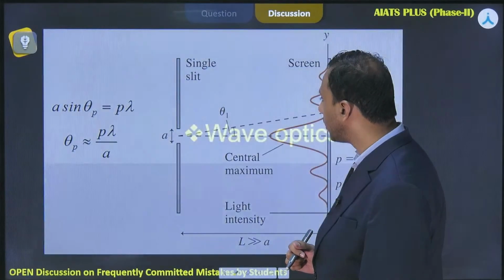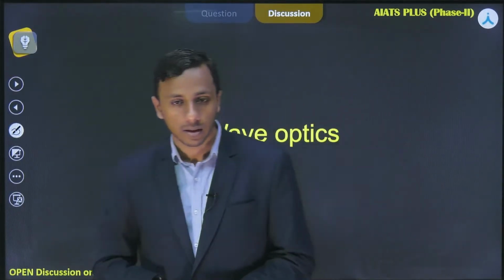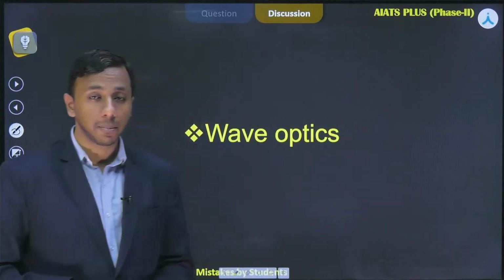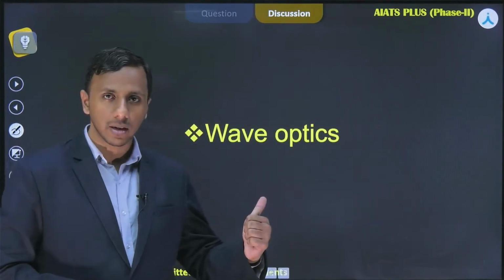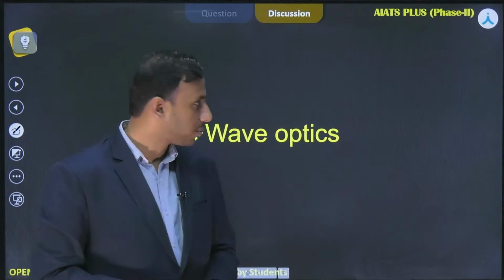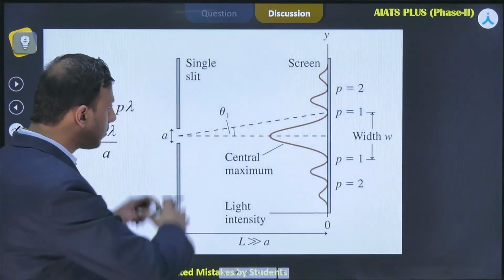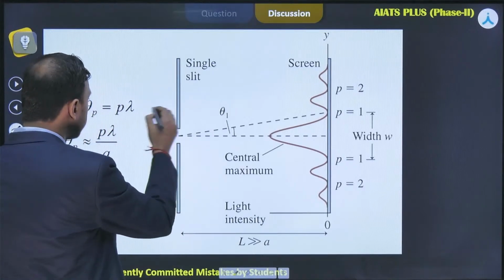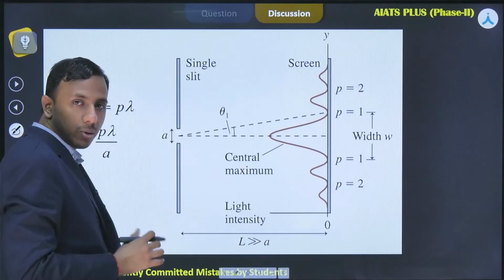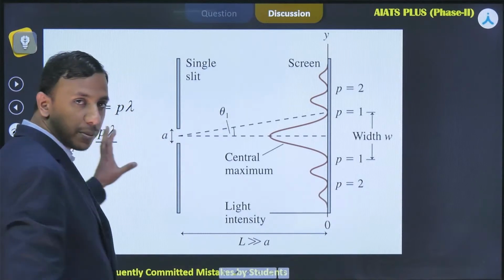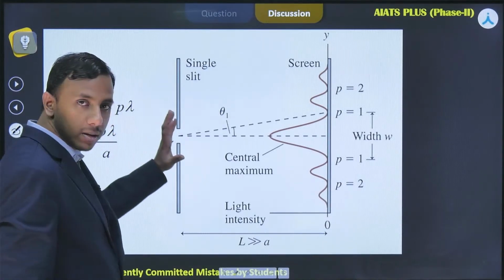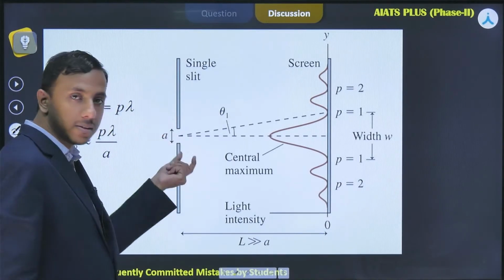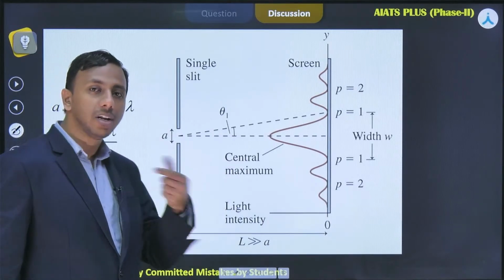Very well. Wave optics. Wave optics is a very interesting chapter, and I think this topic was also covered a little bit last time. This is the diagram of a monochromatic source, light that is falling parallelly on this single slit, and it will undergo diffraction.